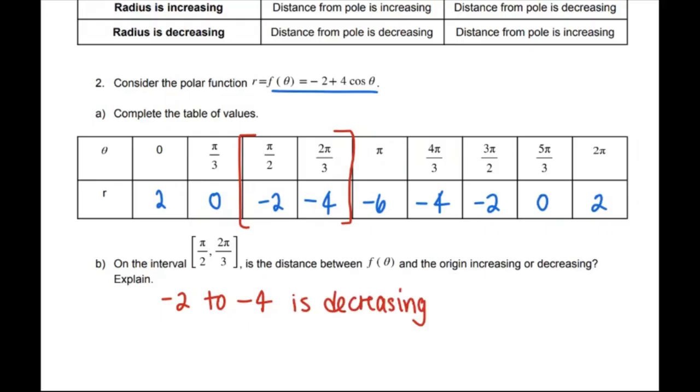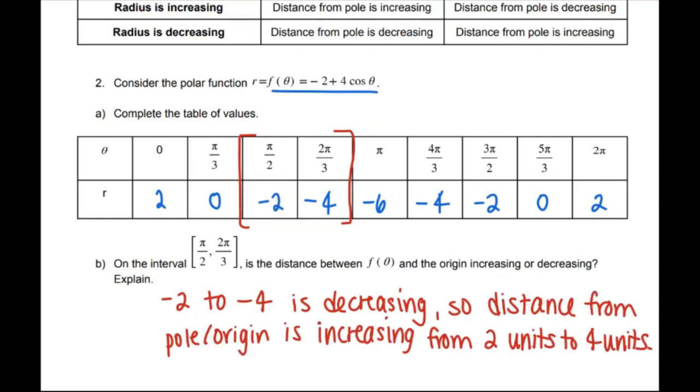And the values of r are negative, which means that if we're talking about how far away it is from the pole, it would be 2 units away and 4 units away. So it would go from 2 units to 4 units. So that would mean that the distance from the pole or the origin is increasing. So the overall answer is that the distance between the function and the origin is increasing.